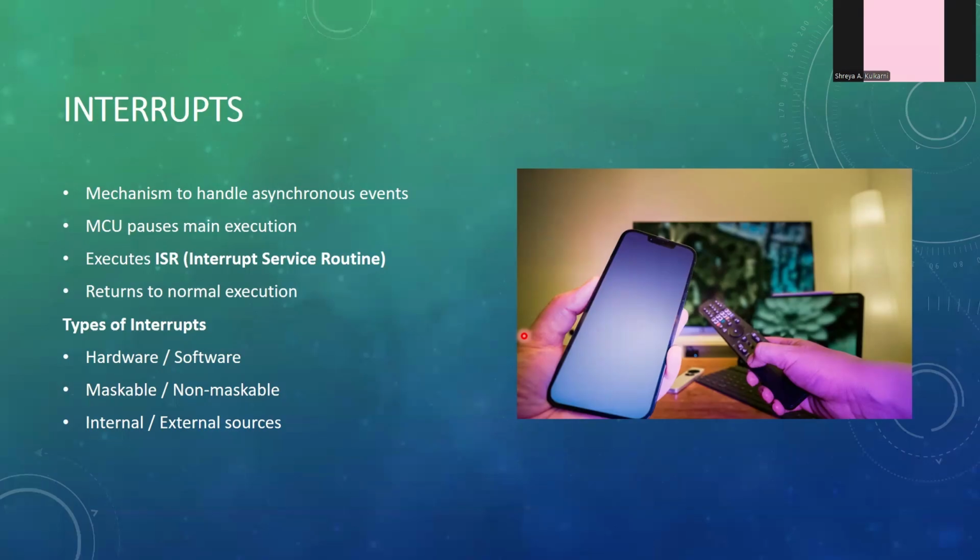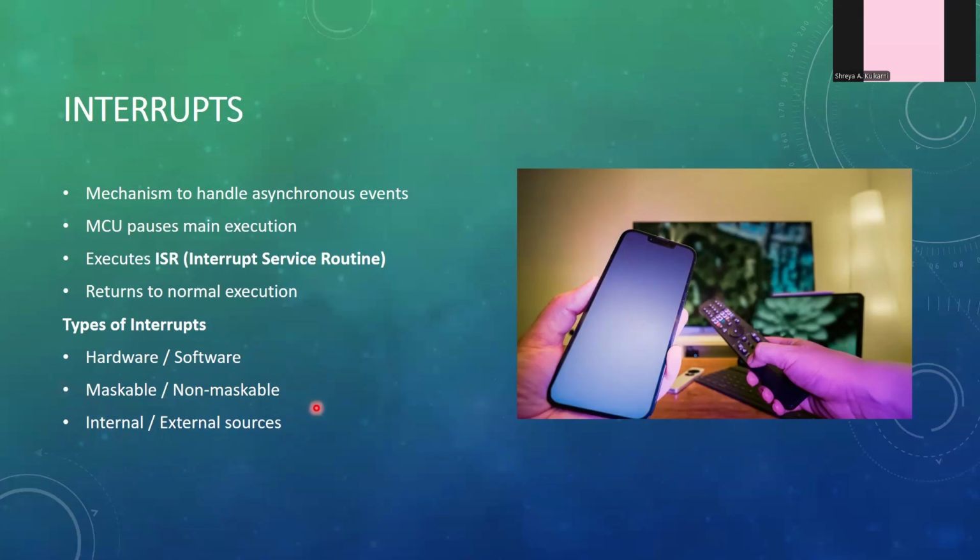There are different types of interrupts. There are two types based on hardware or software. Then there are two other types in a different classification: maskable and non-maskable interrupts, and internal and external sources. If it's triggered internally, it's called internal. If it's triggered externally, it's called external.